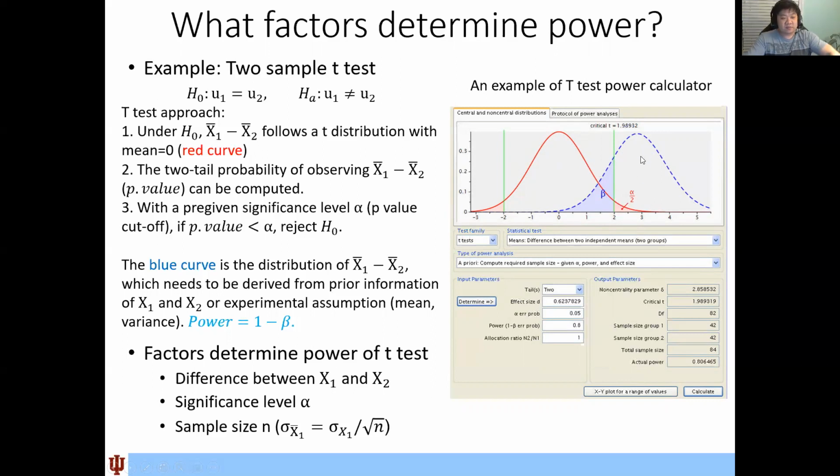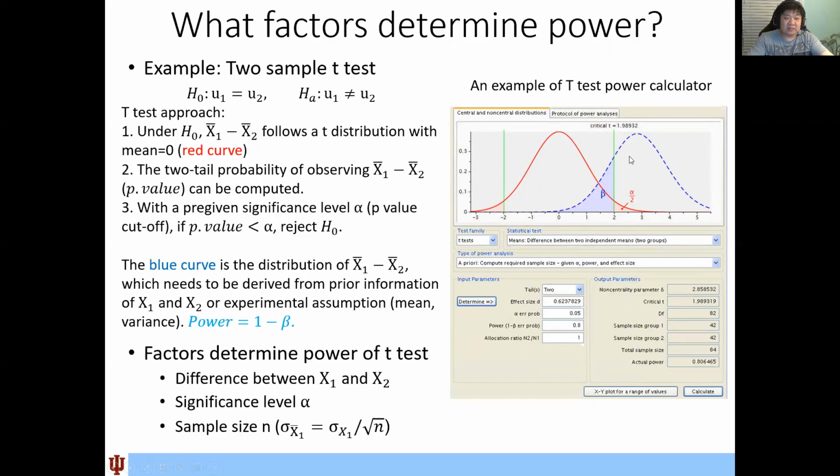So here we demonstrated that the power is 1 minus beta, and when we talk about what factors may determine the power of a t-test, first, very intuitively, the difference between x1 and x2 can directly determine the power.